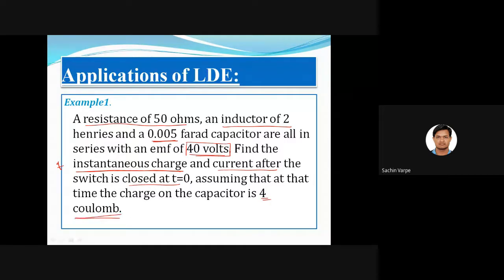Initially the charge on the capacitor is given to be 4 coulomb, and with the help of that we are asked to find the instantaneous charge and current flowing through the circuit. Let me add one slide into this.